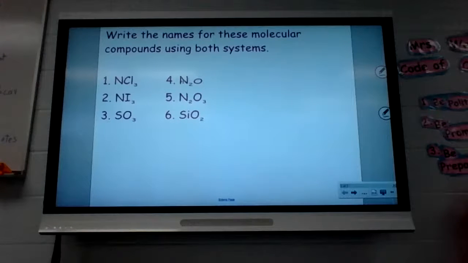Typically we put 2 I's. SO3, sulfur trioxide. 4, dinitrogen monoxide. Even though it has no subscript, the second element always gets a prefix.